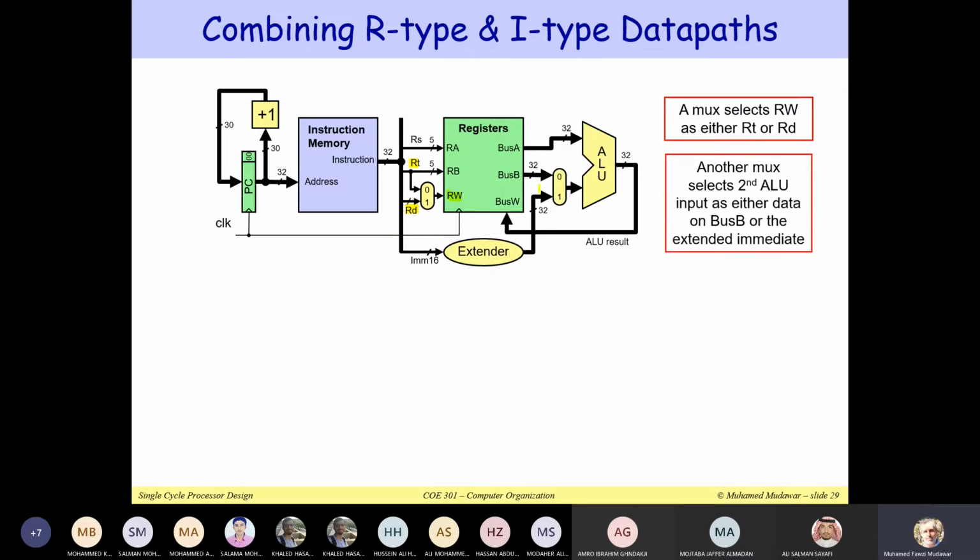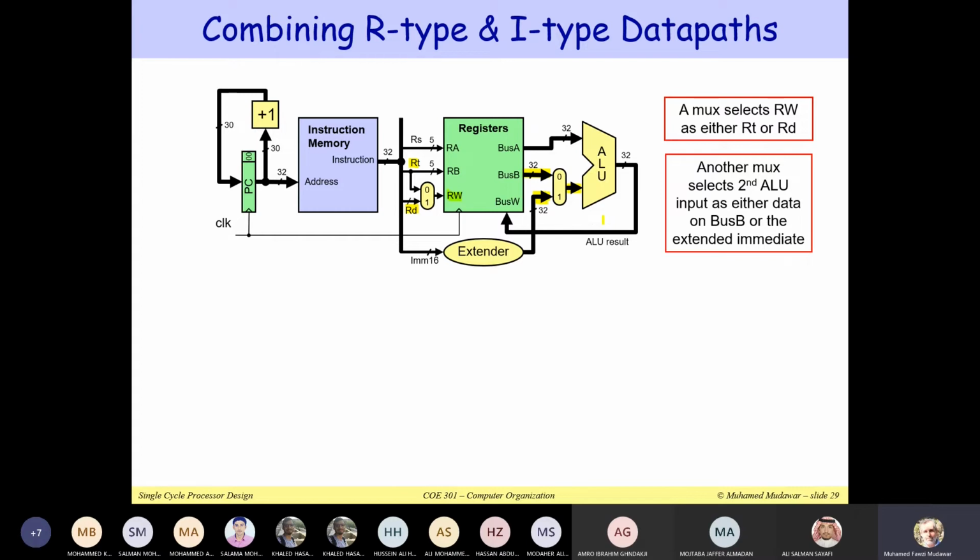And I need a second multiplexer at the second input of my ALU, because I need to select whether bus B or the extended immediate should be my second ALU input. This way we can execute both R-type and I-type instructions on the same data path. That's how we build the data path.